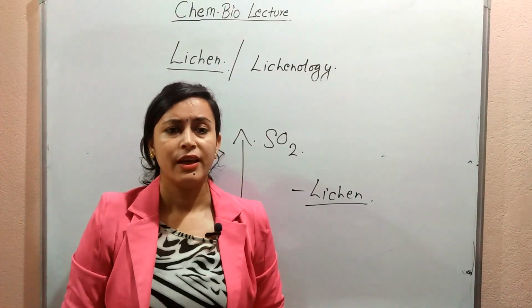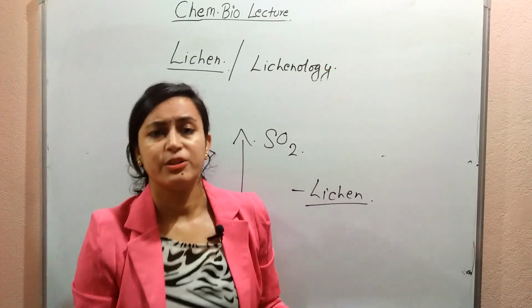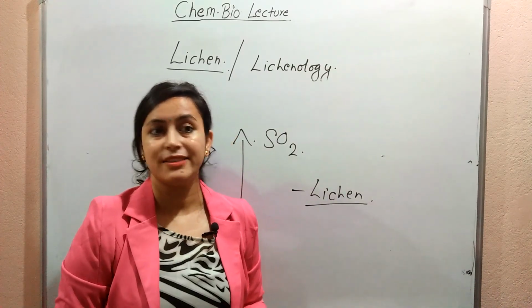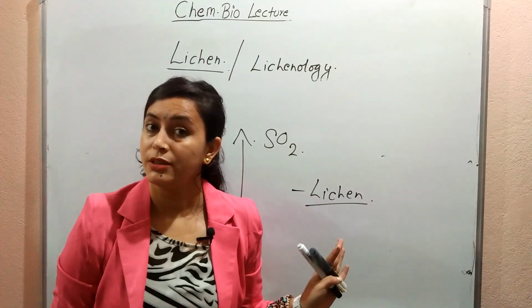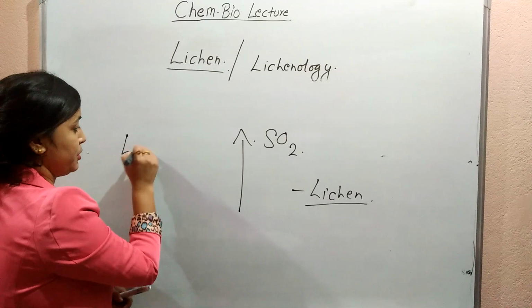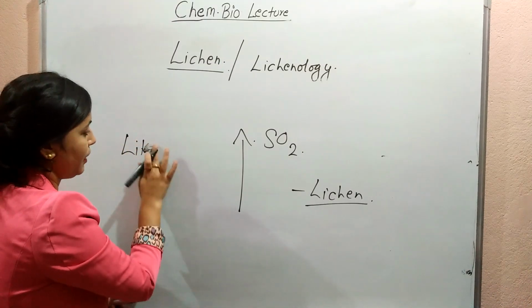Lichen is used for various purposes. I already said they are pioneer colonizers. They indicate pollution. They are even used to make litmus paper.